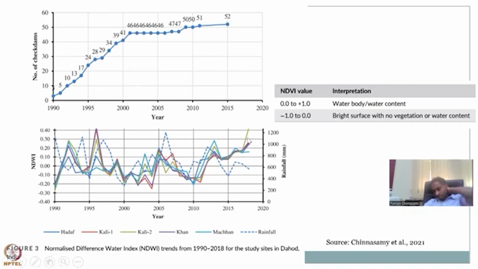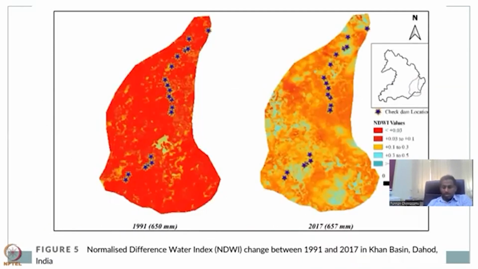And the up is because you have good water storage, which is still recharging the surrounding area from the check dams. So with this, we have looked into one exercise where the rainfall pattern changes, but it still doesn't negatively impact the NDWI value, and that is purely because of check dams, because check dams do have that potential.